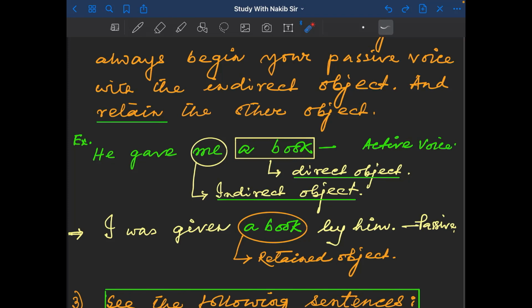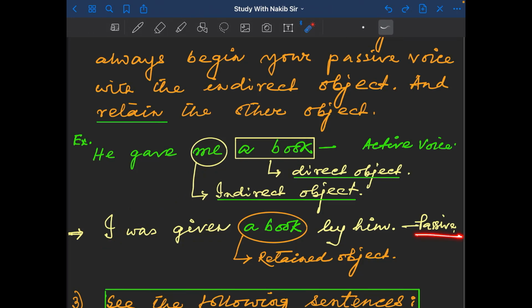So if there is no special instruction in the question, always begin a passive voice with the indirect object. Indirect object, me, will come to the place of subject in the form of I. So the sentence is, I was given a book by him.